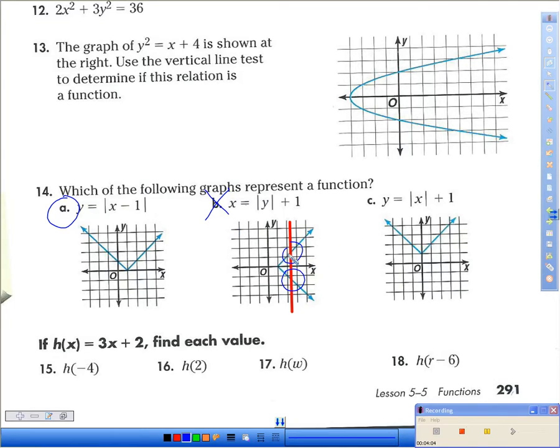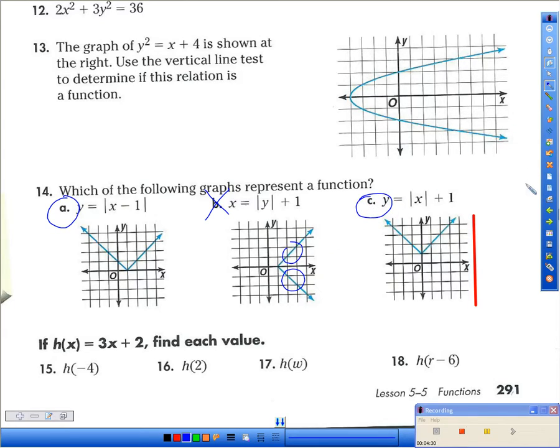And again, that's because at that point, the x values are the same all the way up and down that red line, but our y values are at two different places on that graph. If we do the same thing on C, we need to take that red line and shift it across the graph and see if it's touching two places at once. We're going to see that it doesn't. So C is also going to be a function.